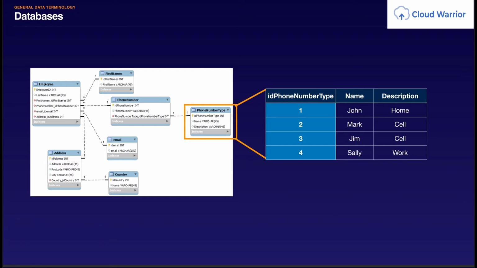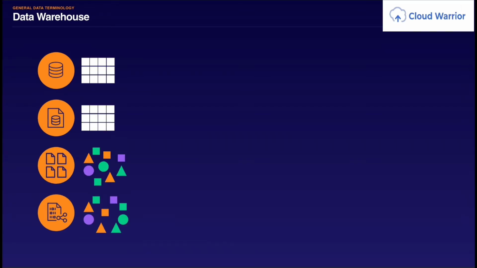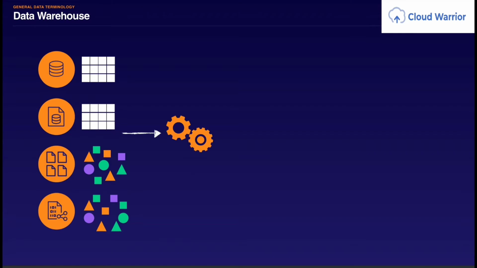Now, the next type of data repository or the next type of data store that I want to discuss is a data warehouse. And unlike a traditional database, data warehouses collect data from many different sources in many different formats and congregate them all together into a data warehouse. And traditionally, before the data lands into the data warehouse, there is usually some type of processing or cleaning of that data that happens before it lands within the data warehouse.